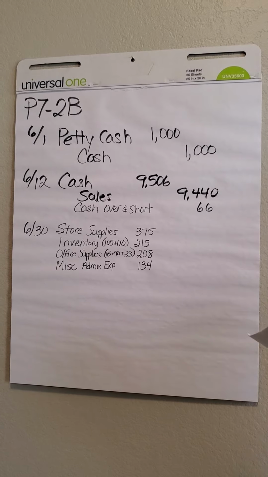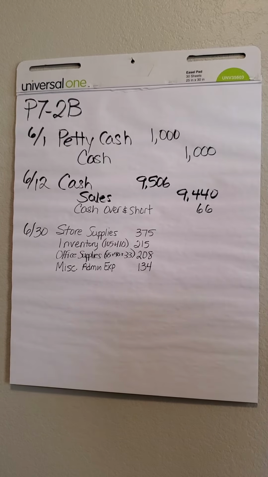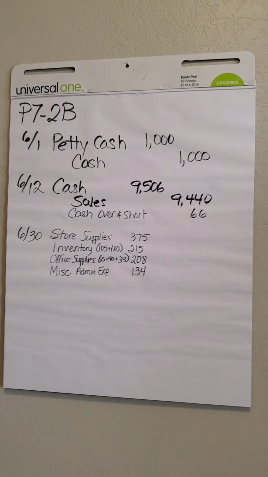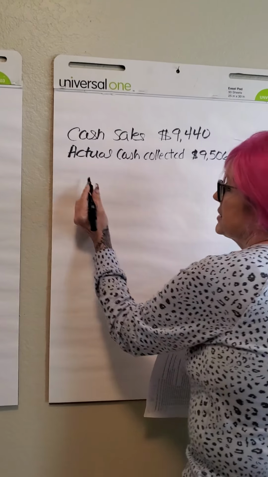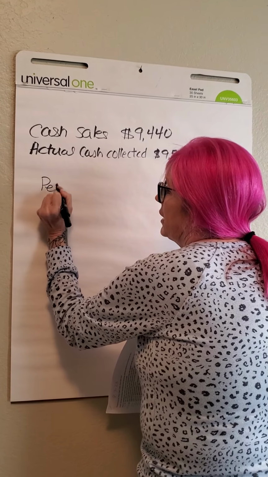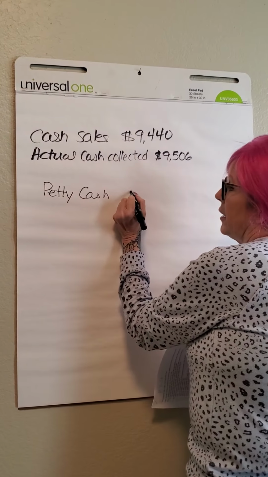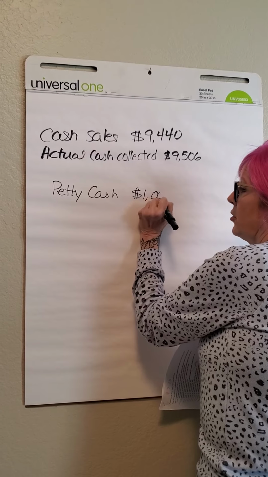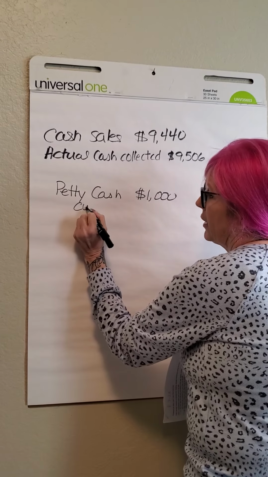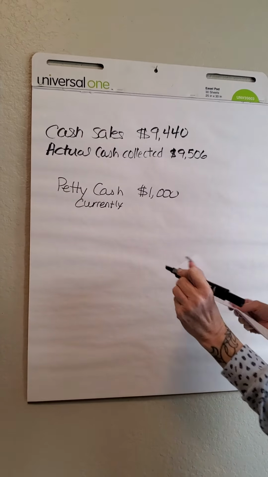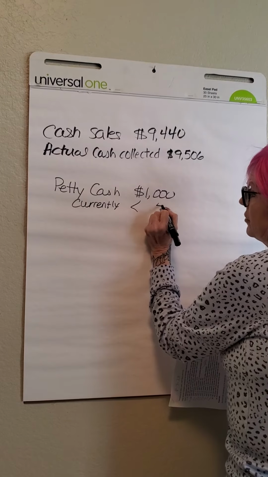Additionally, if we add these totals up, the petty cash fund is supposed to have a $1,000 balance. It currently has, the problem tells us, $46.